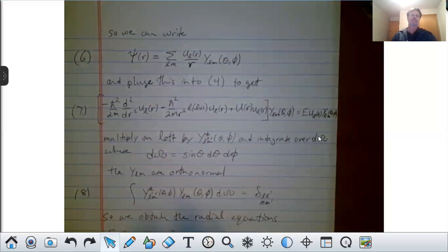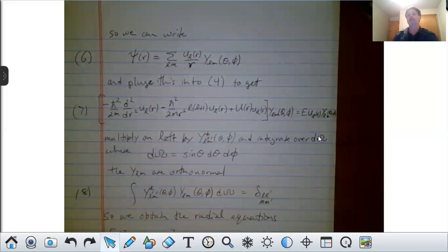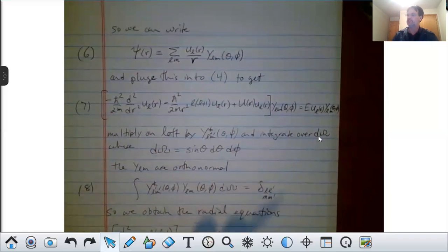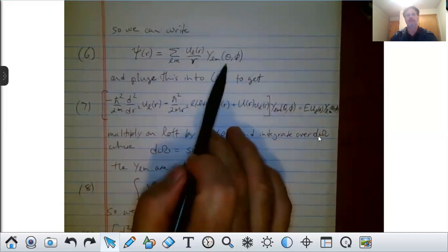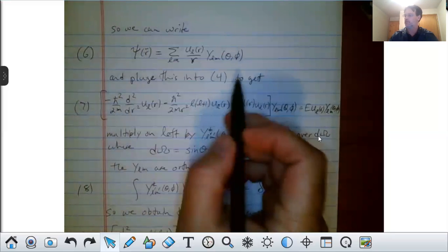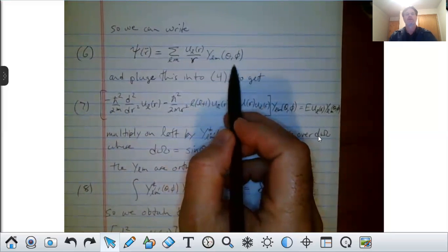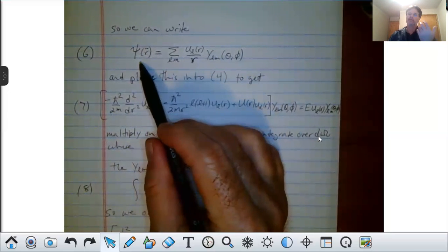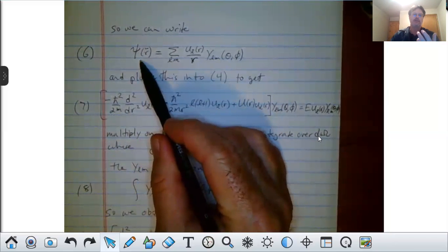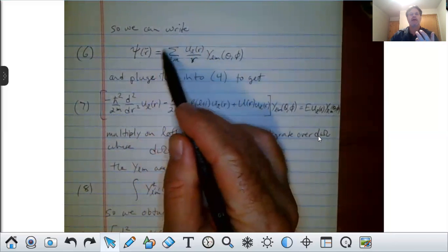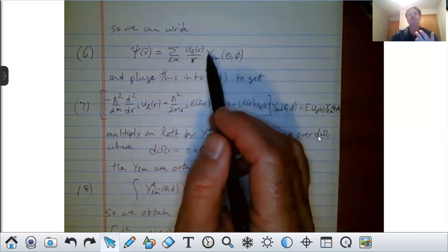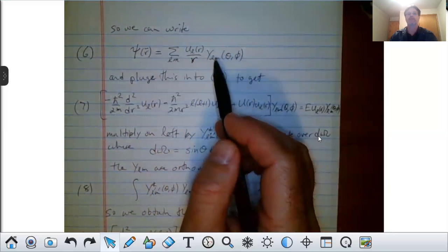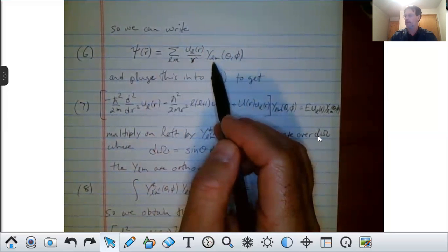It is a kind of separation of variables, but one thing that happens in quantum physics, when you solve an eigenvalue problem, is that you can expand any other function in terms of those eigenfunctions. So I have a function psi that depends on r, theta, and phi. I can expand that function in terms of an infinite sum of spherical harmonics.